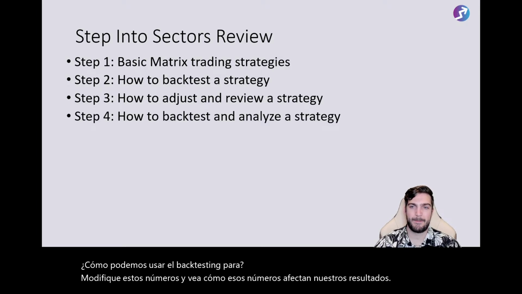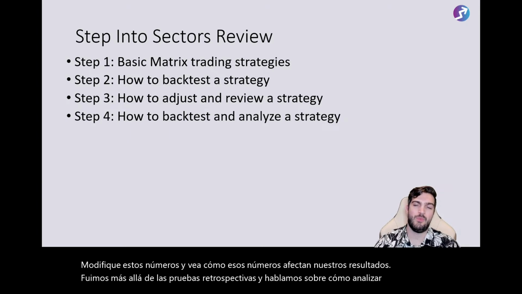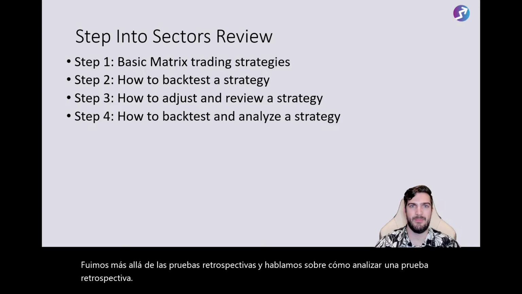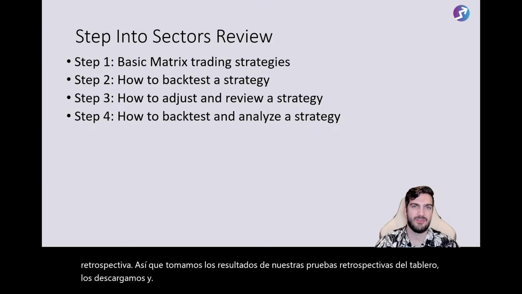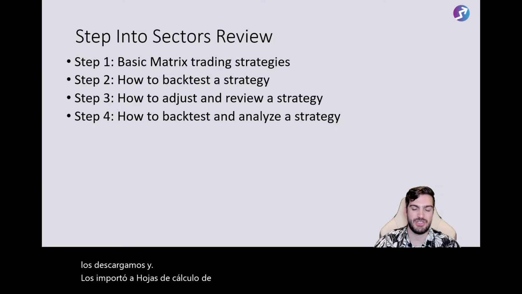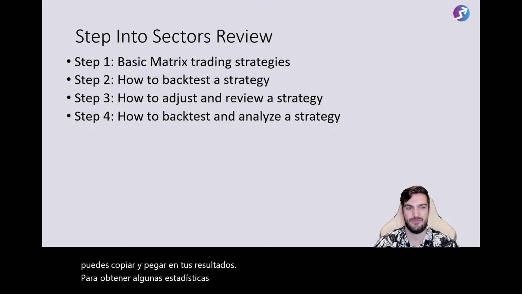Step 4, we went beyond just backtesting and talked about how to analyze a backtest. So we took our backtesting results from the dashboard, downloaded them, and imported them into Google Sheets, and we shared a spreadsheet that you can copy and paste in your results to get some basic statistics about the performance of that strategy.